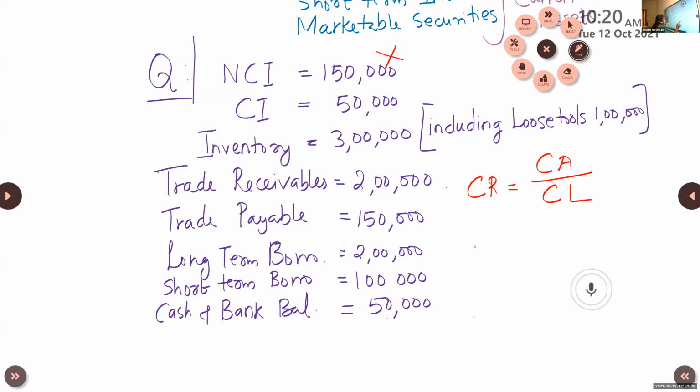Current asset is equal to... how much is current asset? Yes, Anjo, how much is current asset? 5 lakh.